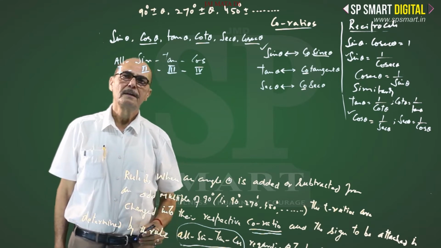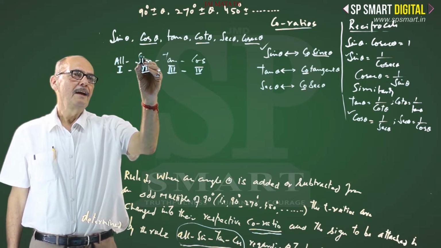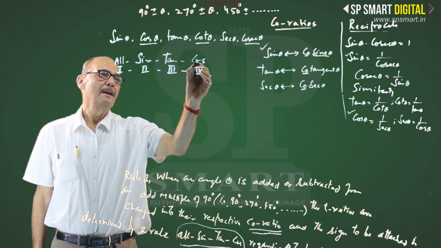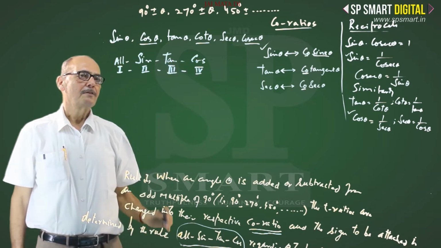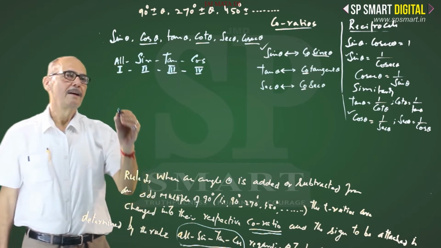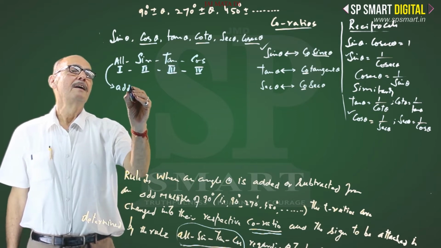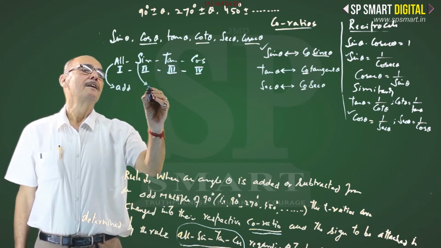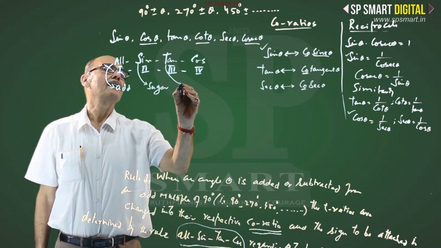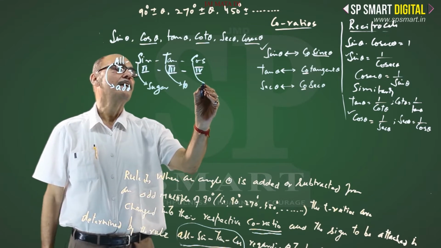If you consider the first letter in each case, A, S, T and C. So, in a very crude way, A stands for add, S for sugar, T for tea and C for coffee.